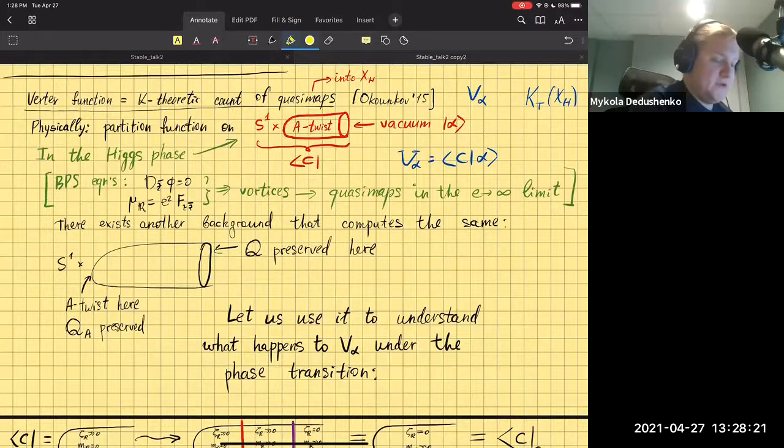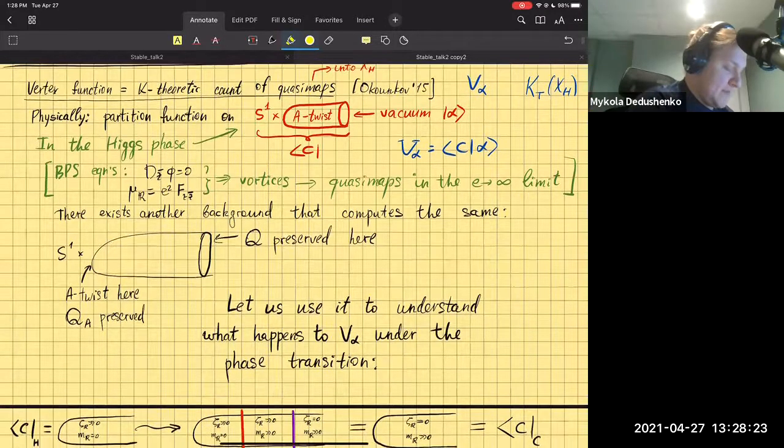Now, there exists also another background, which is not A-twisted, but computes the same thing. I already alluded to it last time. That's the background that corresponds to the superconformal half index. Usually the superconformal half index is discussed with a round hemisphere, but it's possible to also stretch it. In this case, the A-twisted background only emerges close to the tip of the cigar, whereas at the equator our supercharge Q of interest is preserved.